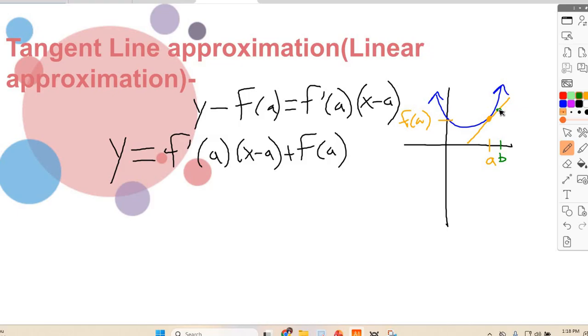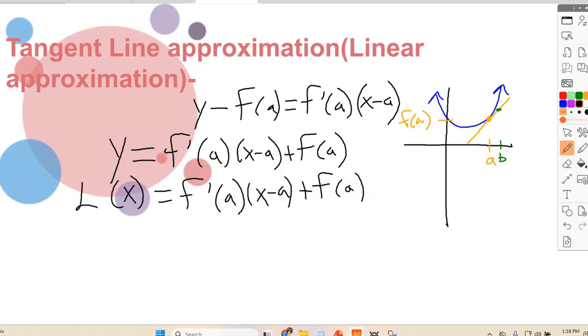So we say that this is our linear approximation, L of x. Then we can plug in B to our L and get some sort of value, and that is going to approximate whatever f of B would have been.